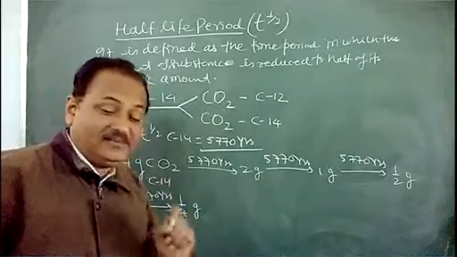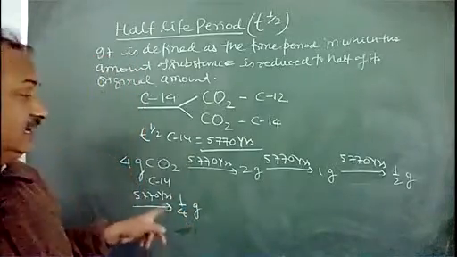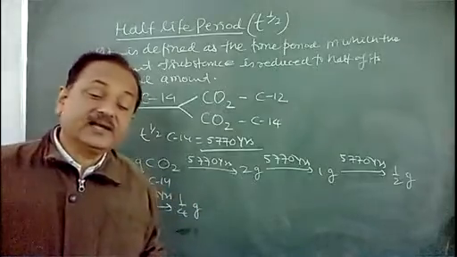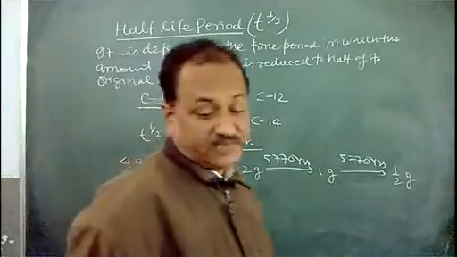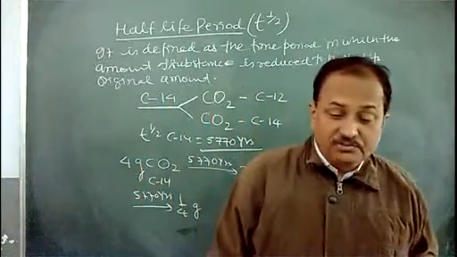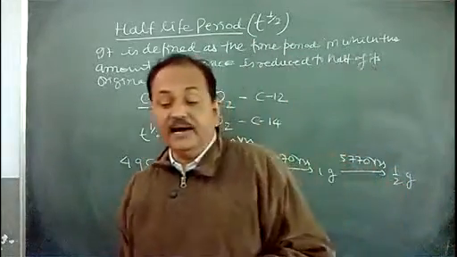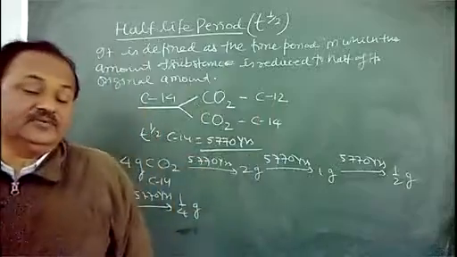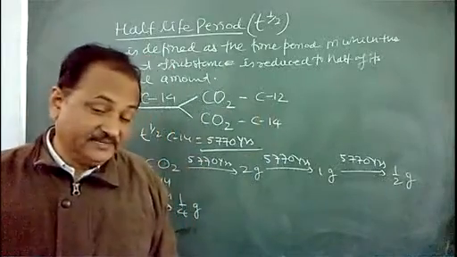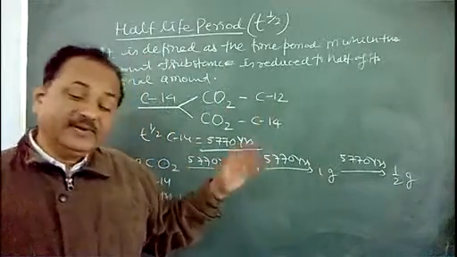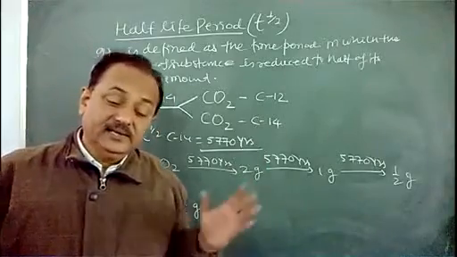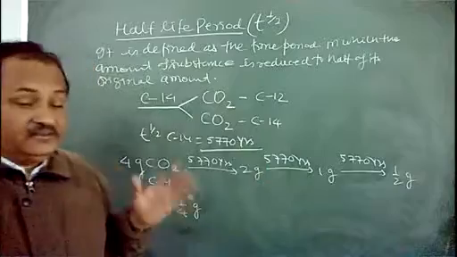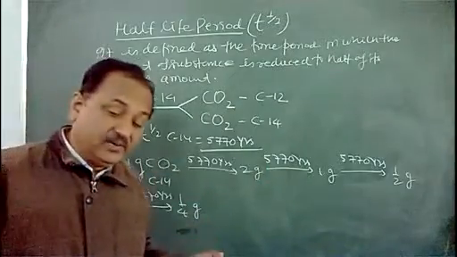So you can imagine that it will never come to an end. Children, there is always a possibility of finding even traces of isotopes in nature. And we can compare the age of any dead remain or any fossil or any animal's body by this method.